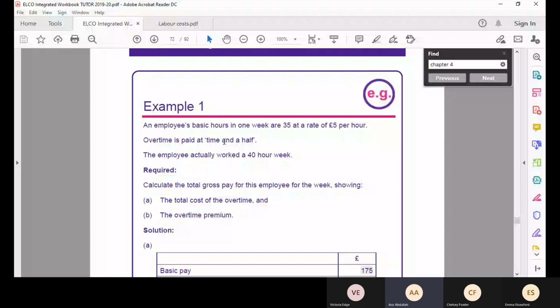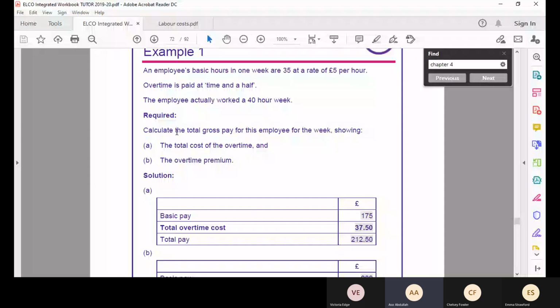The question asks you to calculate the total gross pay for this employee for the week. So you have to calculate the basic pay and the overtime separately, and also the overtime payment.